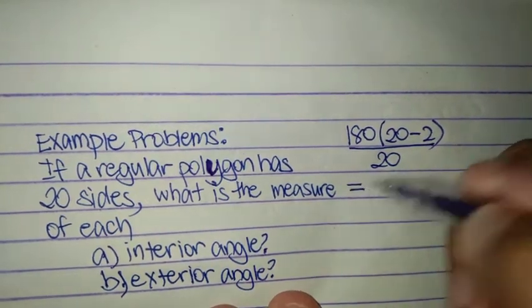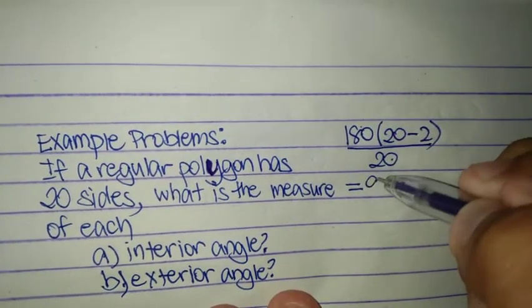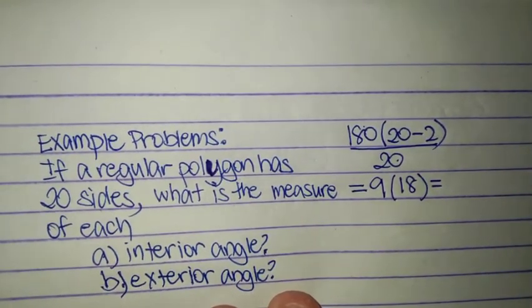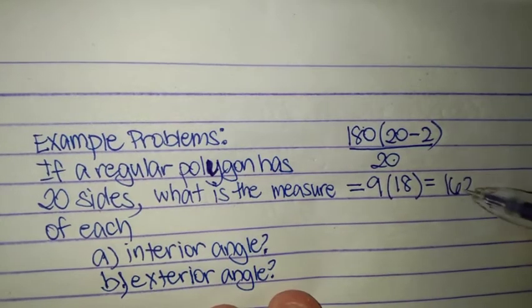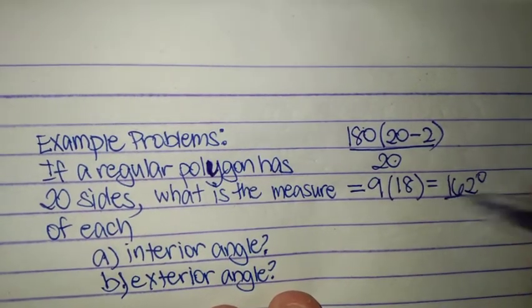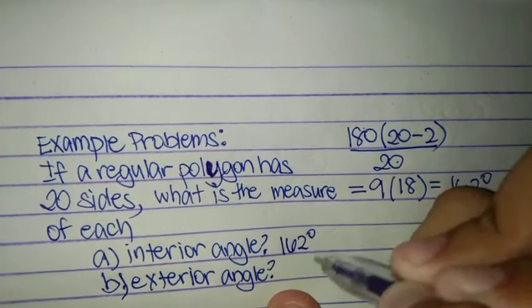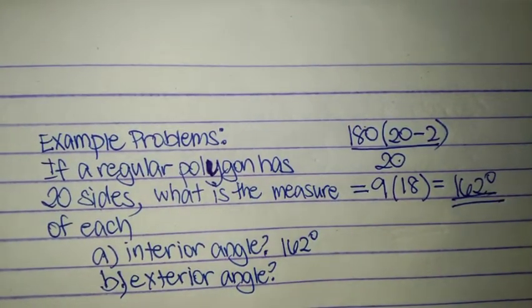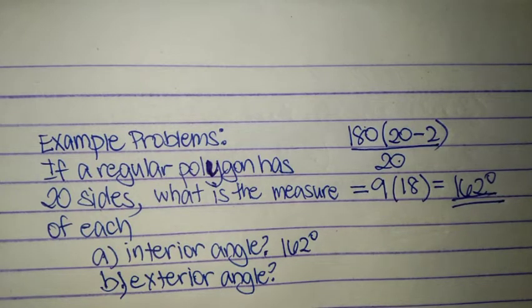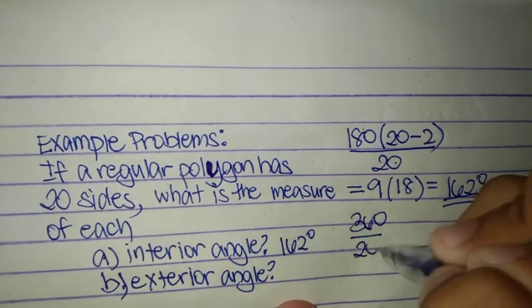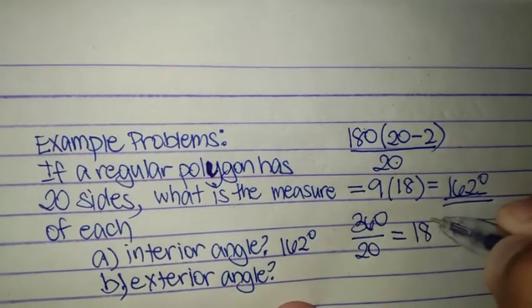We have 180 divided by 20 is 9. 20 minus 2 is 18, which gives us 162 degrees. So, the correct answer for A is 162 degrees. Meanwhile, for the exterior angle, we just have to divide 360 by 20. We have 360 over 20 equals 18 degrees.